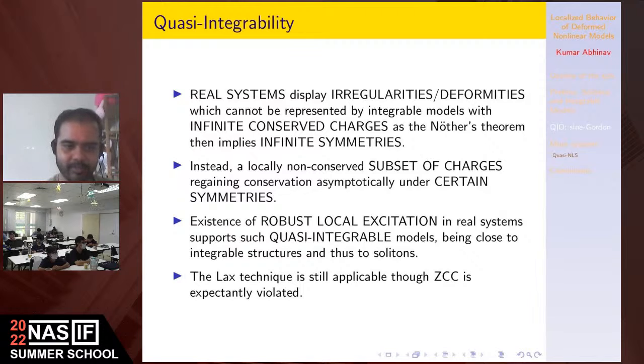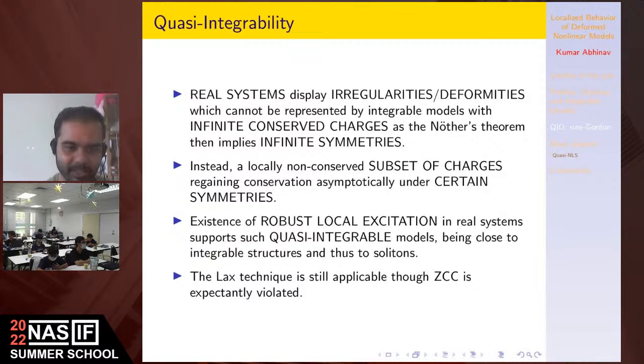That is one requirement. The second requirement is that we see localized excitations in real systems, like you saw in all those real pictures. And we understood that you need infinitely many conserved quantities, infinite symmetries, to have localized excitations. So what is happening? What kind of analytical system, what mathematical model do we need to represent such realistic systems?